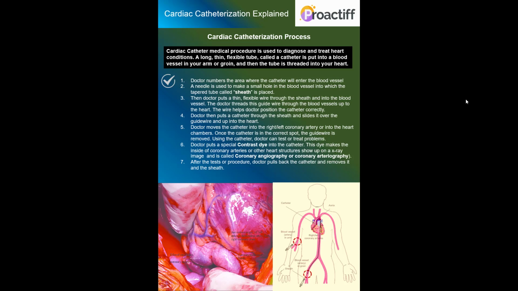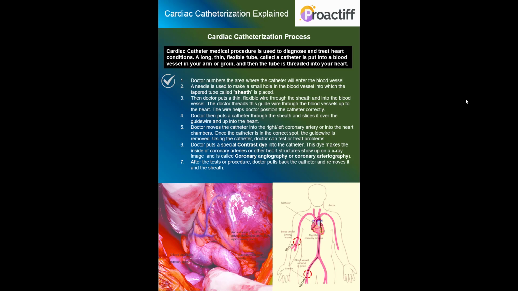Then the doctor puts a thin flexible wire through the sheath and into the blood vessel. The doctor threads this guide wire through the blood vessels up to the heart. The wire helps the doctor position the catheter correctly.